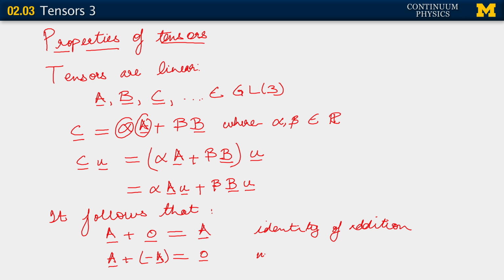This is the nullity of addition. If we continue working through this idea, everything coming from saying tensors are linear, we will observe that tensors actually have many of the same mathematical properties of addition as do vectors.